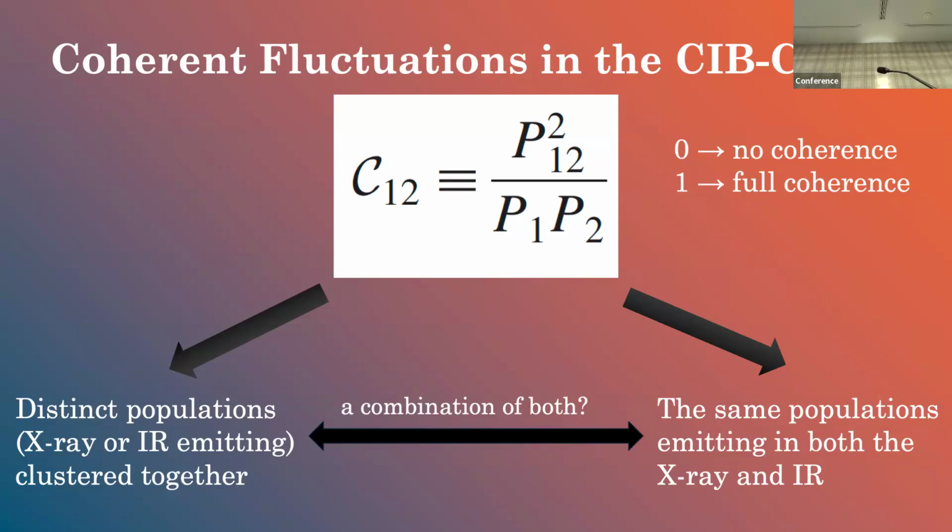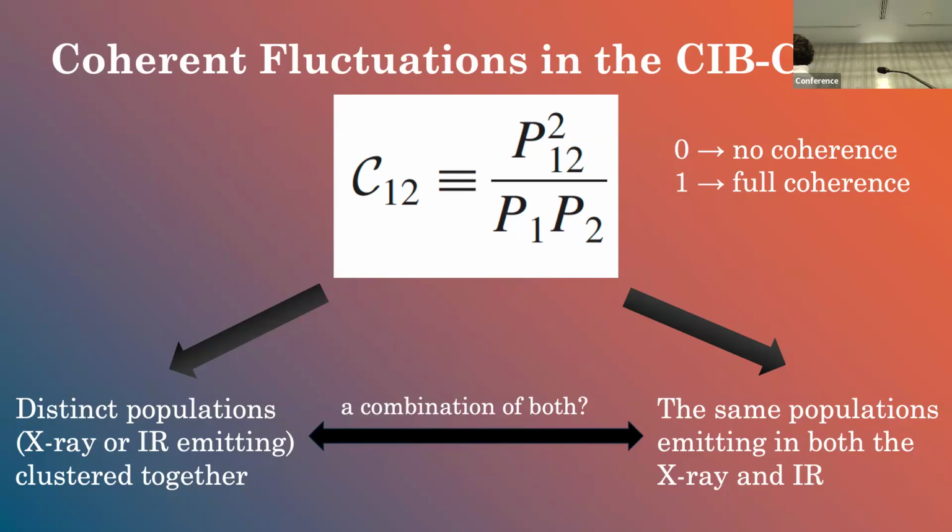And in the other extreme to the right, maybe they're not distinct populations that are just clustered together in the same large-scale structures, but rather you might have star-forming galaxies that are emitting both in the infrared and in the X-ray, or AGNs that emit in both.